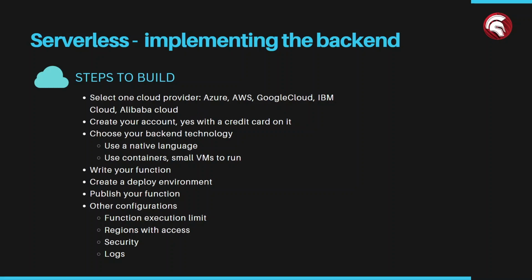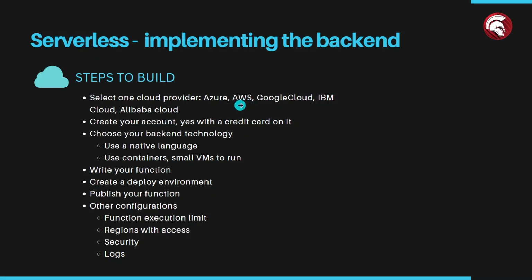We can use Azure, AWS, Google Cloud, IBM Cloud, Alibaba Cloud, and they have many differences between them. For this session we will use Azure, and I'll show you how we can do serverless functions with or without using Delphi code on the backend.